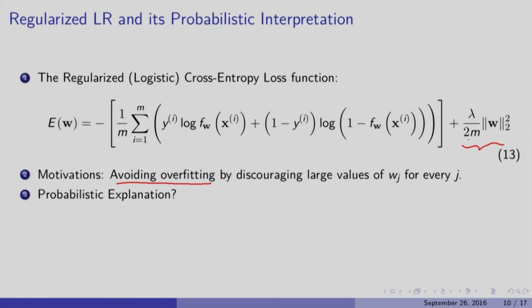All we have done is added this penalty function to the original cross entropy loss function. Now, is there a probabilistic justification to this?